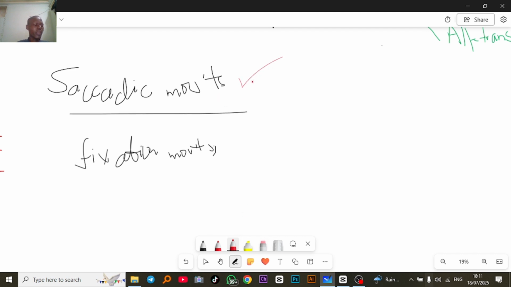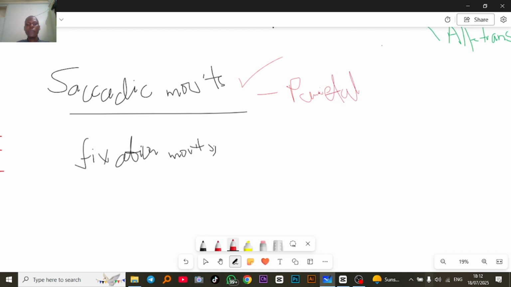So why do we have saccadic movements? That should be the question everyone should ask himself or herself. The main reason you have saccadic movement is what I've just said, that it's important in introducing new targets on the retina. They involve control.